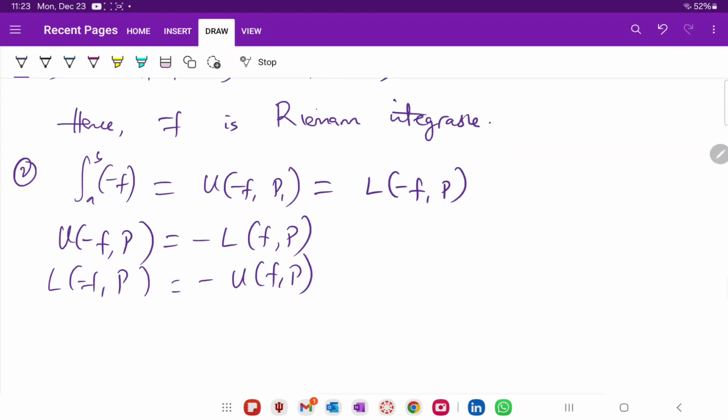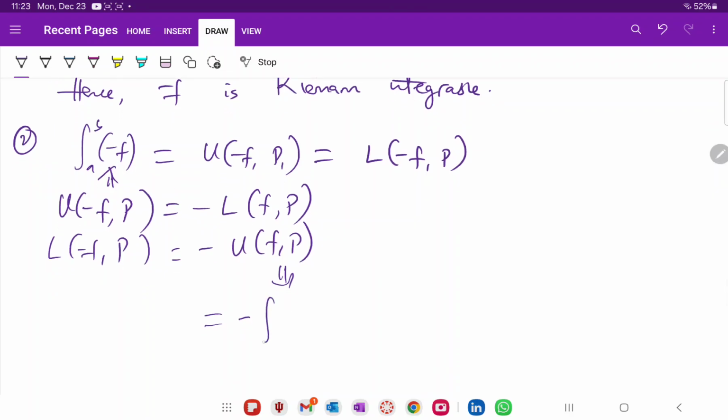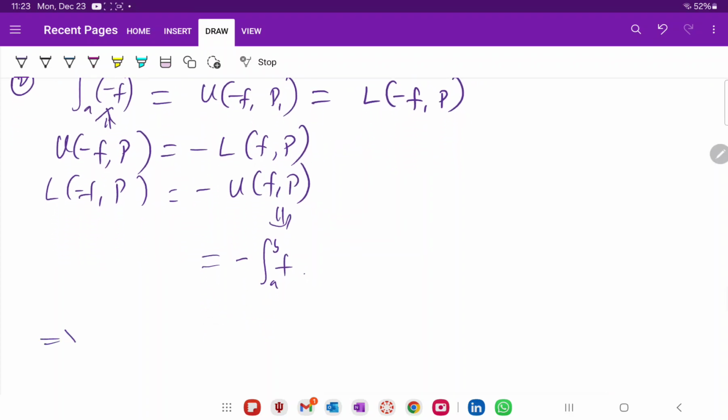From this line we derive this, so now we have minus the integral over [a, b] of f, and this shows that the integral over [a, b] of minus f equals minus the integral over [a, b] of f.